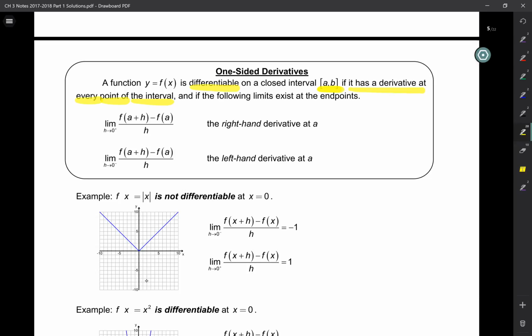In addition, the right-hand derivative at a must exist and the left-hand derivative at b must exist. That means not only should it have a derivative between 0 and 5, but at the endpoints, the one-sided limit should exist too.